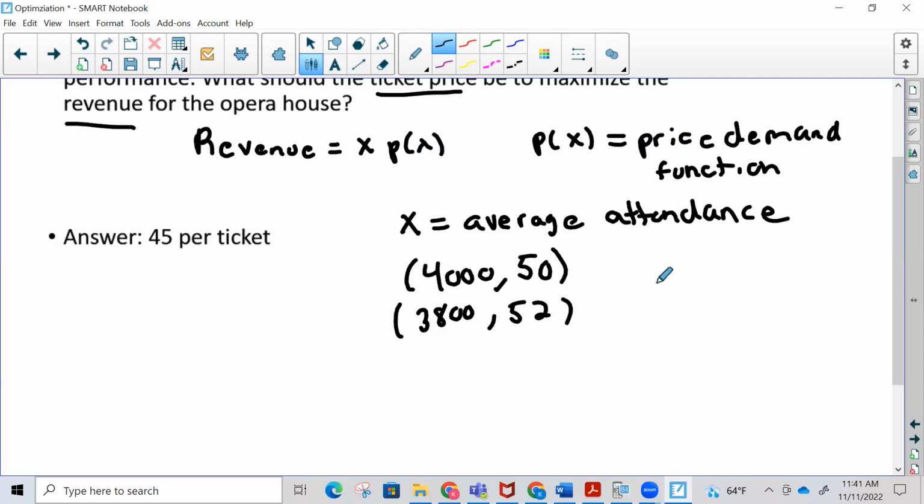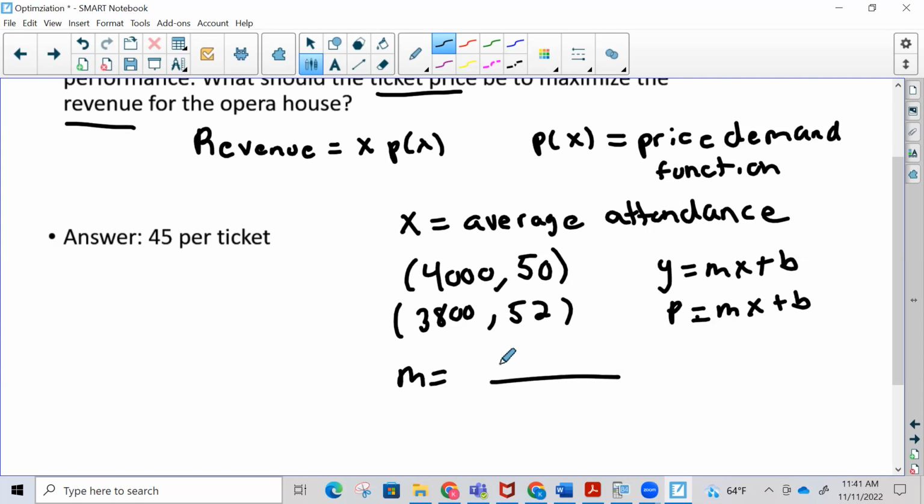When we want to find a linear equation, the format is usually Y equals MX plus B. In this case, we're going to use P instead of Y to indicate my function for our price demand. So our price is equal to MX plus B. We first need to find the slope.